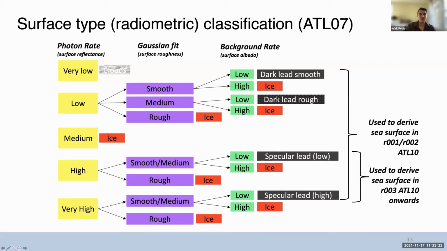The key ones we look for that are pretty common are high photon rate, smooth, narrow Gaussians with low background, and those we classify as a specular lead. You can think of those as mirror-like surfaces, very flat, open water surfaces between ice where the wind isn't causing much roughening, and we have essentially a mirror that the laser signal is bouncing off of, and we can be confident that those are leads and not ice.